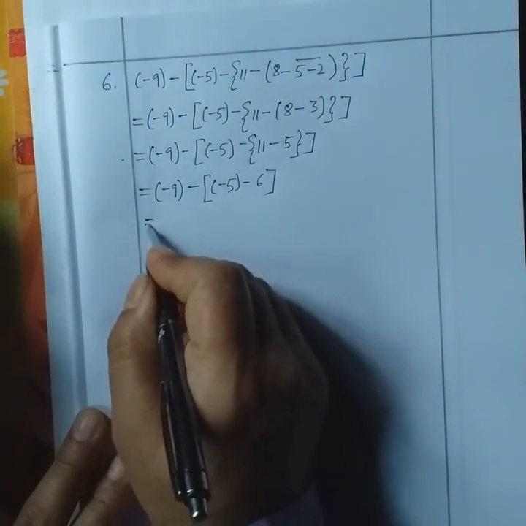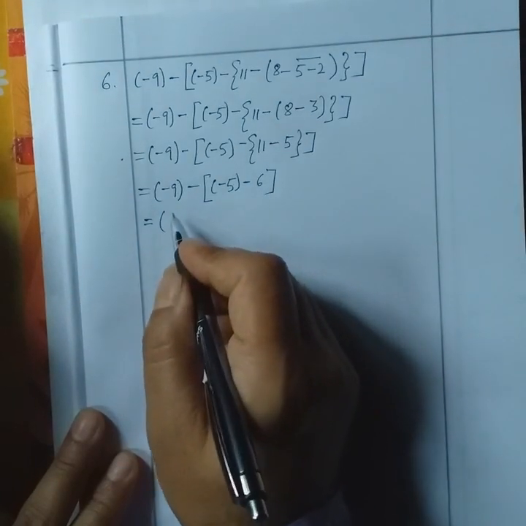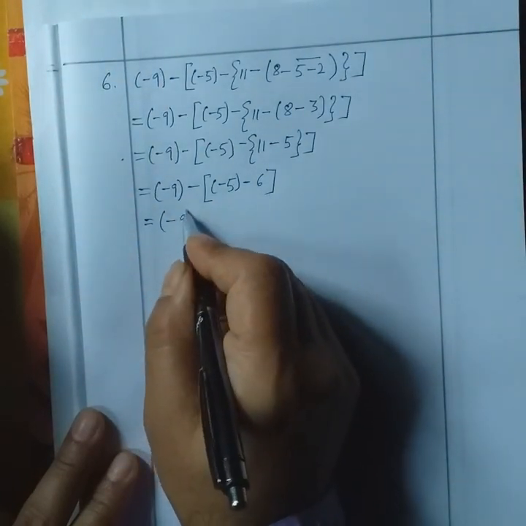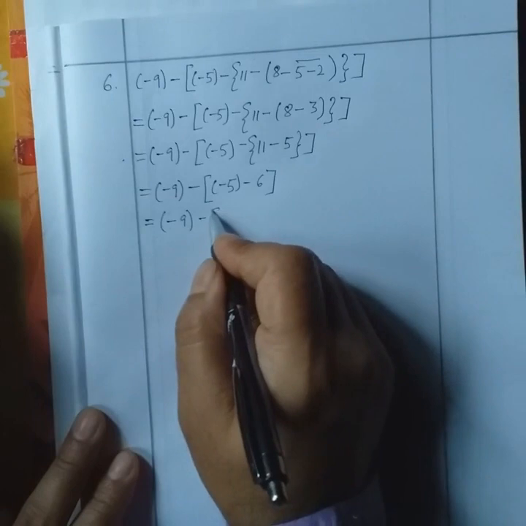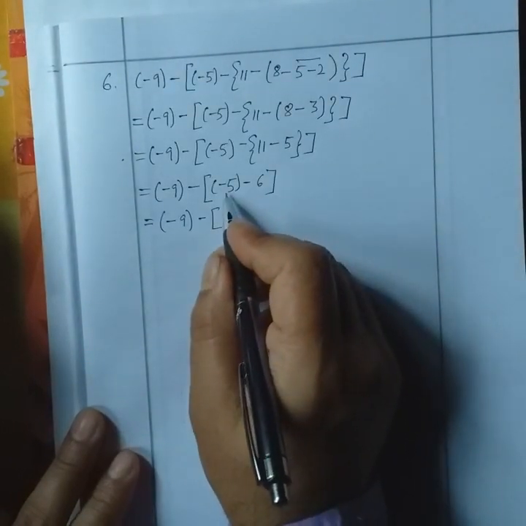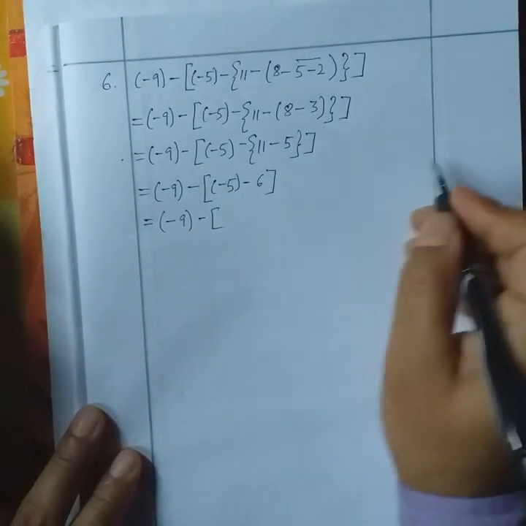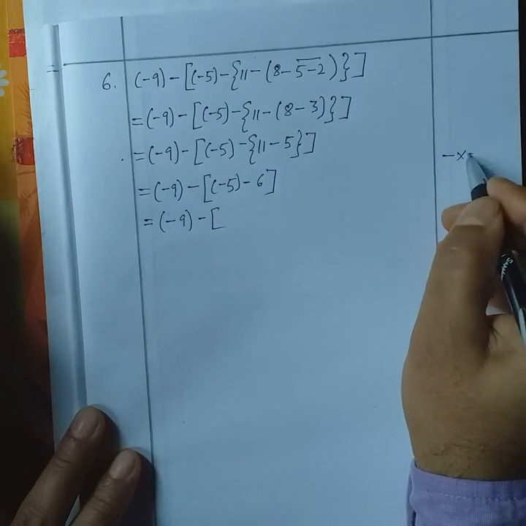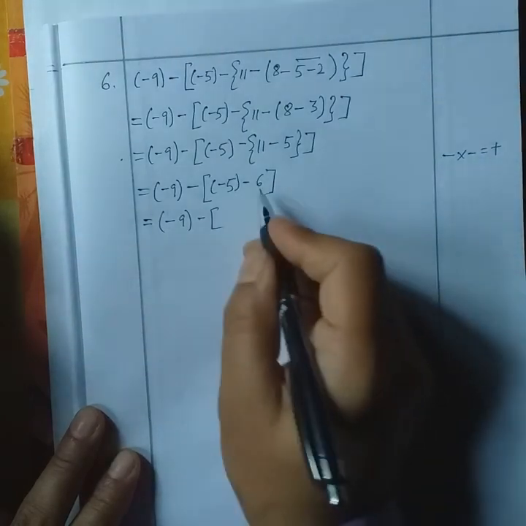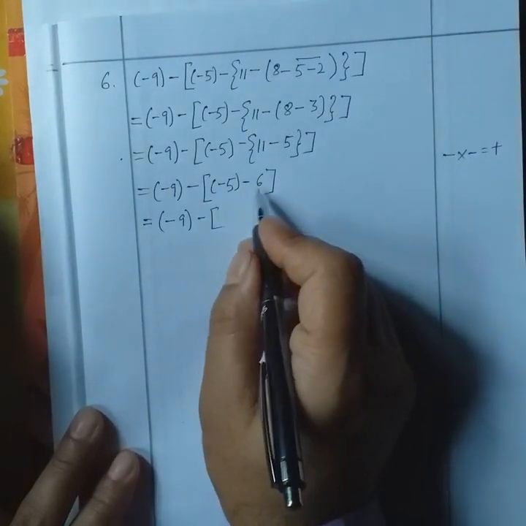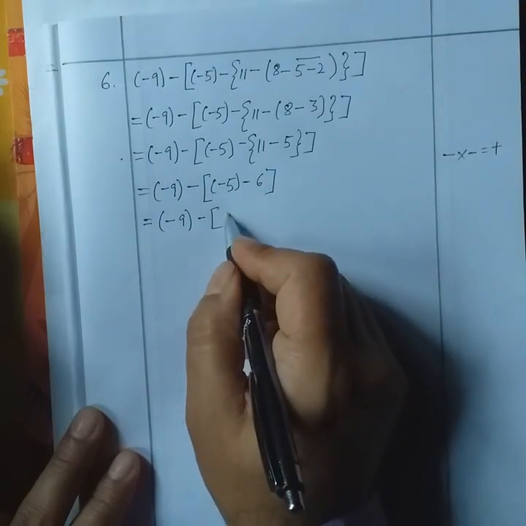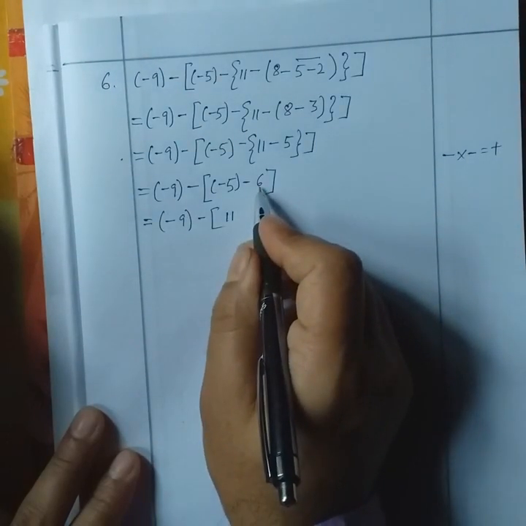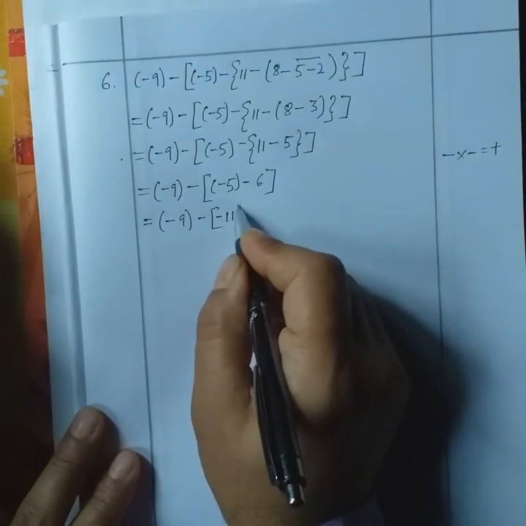So slowly all the brackets are going away. So minus 9 minus, inside this both the numbers are negative, so we have to add. Minus into minus, as we know, is plus, so these two we have to add. 5 plus 6 is 11, but the sign of the bigger number 6 is minus, so we will put here minus.